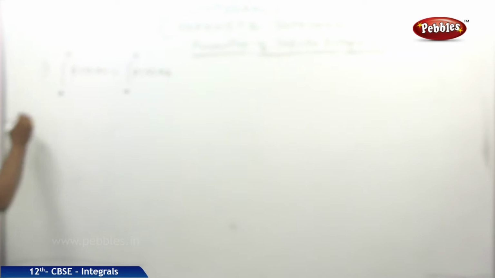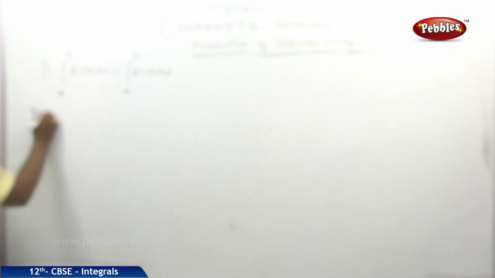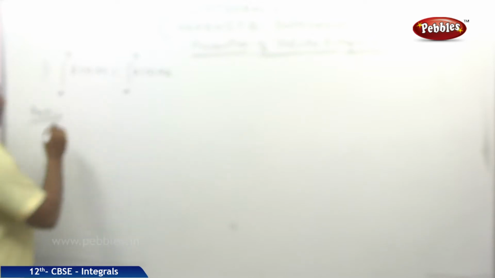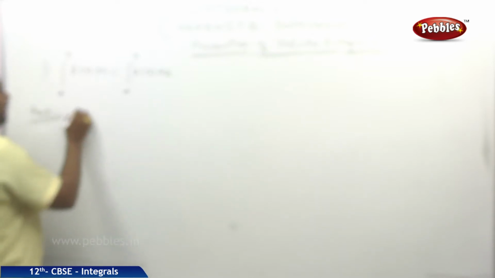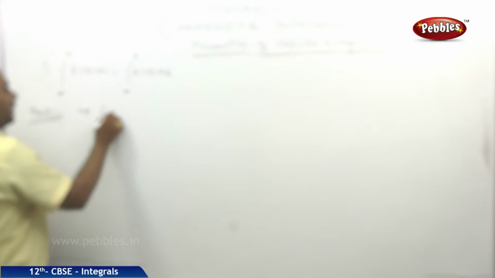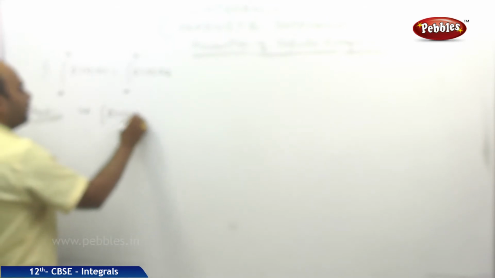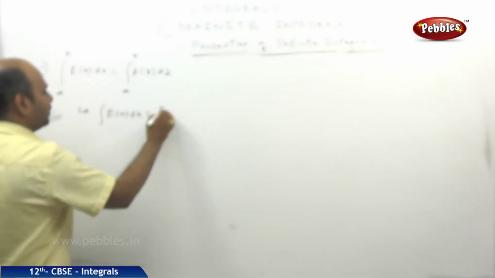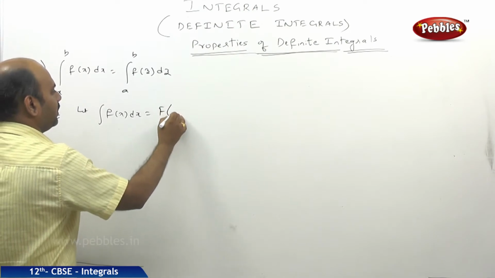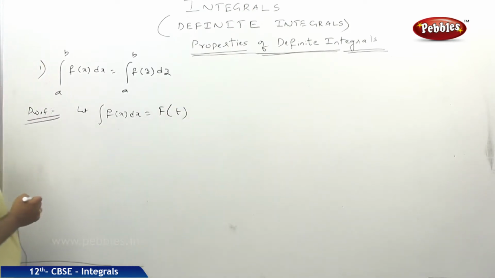Right, now we shall see the proof also. Sometimes they may ask proofs, and it is very important to learn the proofs also. Let integral of f of x dx be equal to, I call this as f of t.